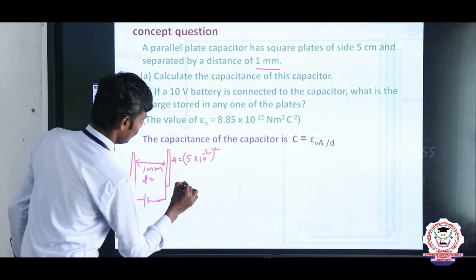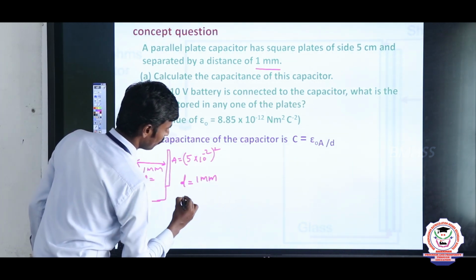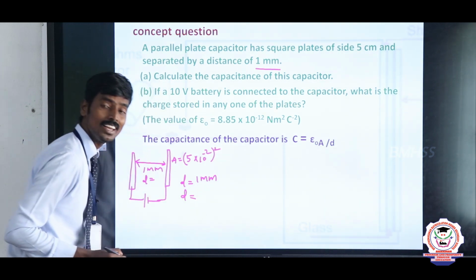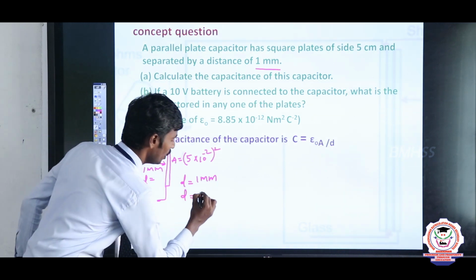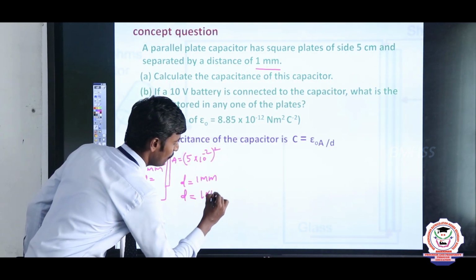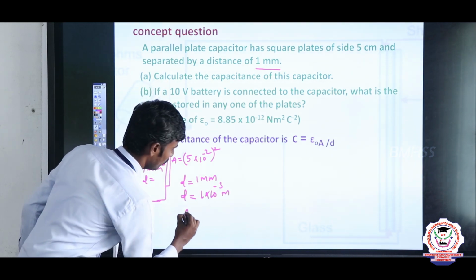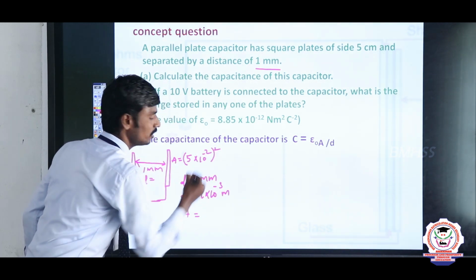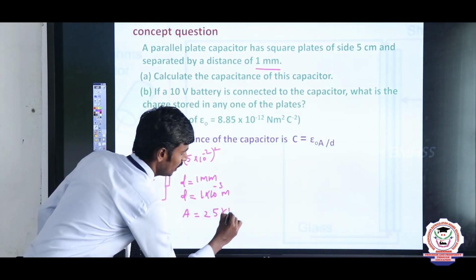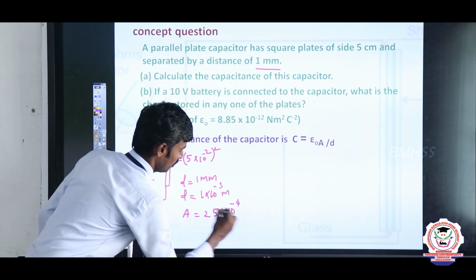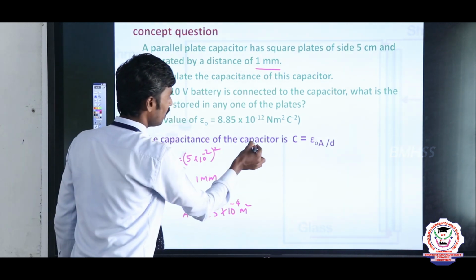D equals 1 millimeter, and 1 millimeter equals 1 into 10 power minus 3 meter. Area of cross section A equals 5 into 5, 25 into 10 power minus 4 meter squared. So this is the given data.